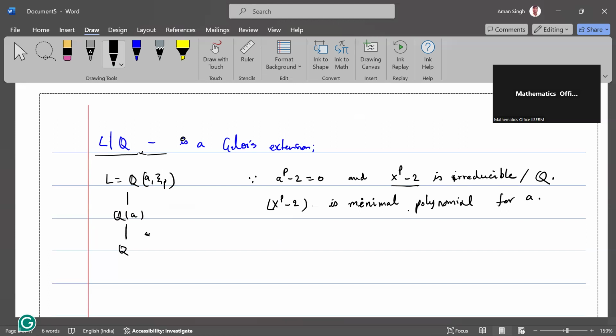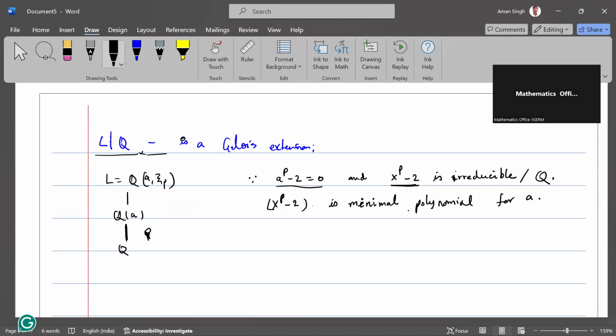Okay, so any lower degree polynomial which a satisfies will divide this, because the minimal polynomial mu x has to divide x power p minus 2, but x power p minus 2 is irreducible. That's why this should be the minimal polynomial only. Okay, this is the minimal polynomial for a. So what is the degree of extension for this? This is a degree p extension, right? This extension is a p degree extension.